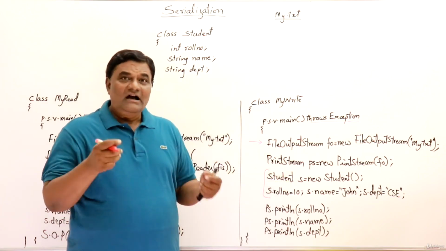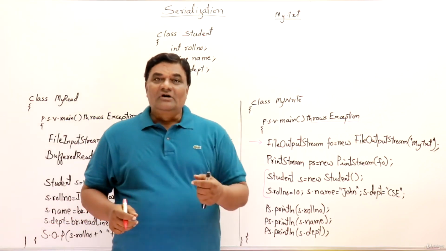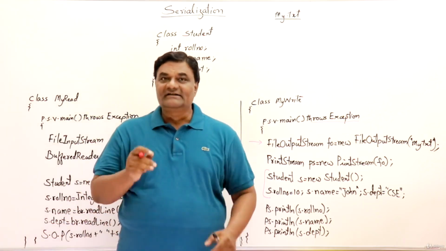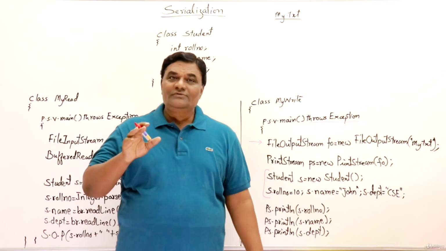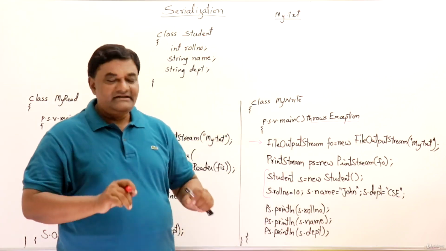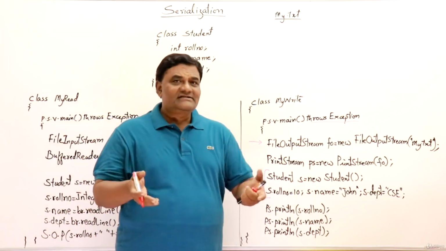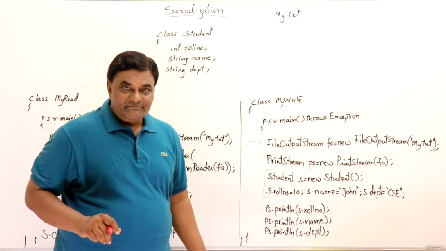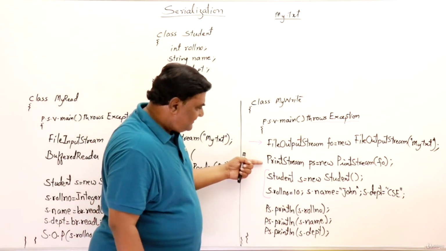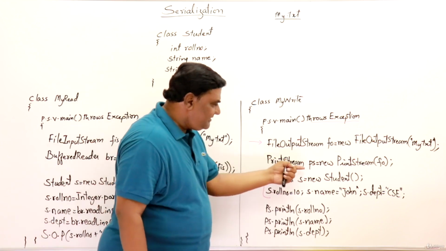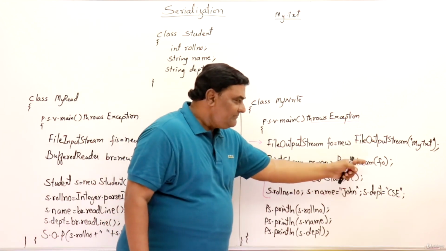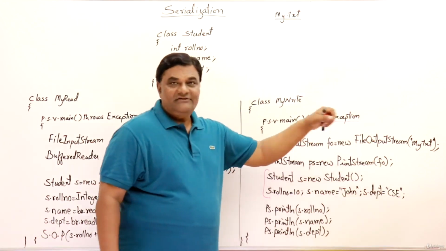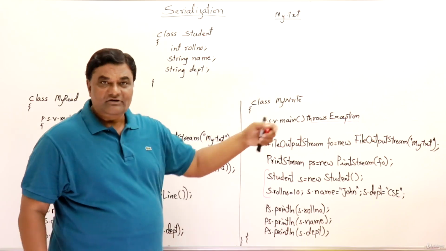Now the next thing is how to write it in a file. I will use the first method, that is PrintStream. Using PrintStream, I will just print these values in a file, just like how we print on the monitor. Already you know about the PrintStream class. I have created an object of PrintStream, ps = new PrintStream, attached to that file object.